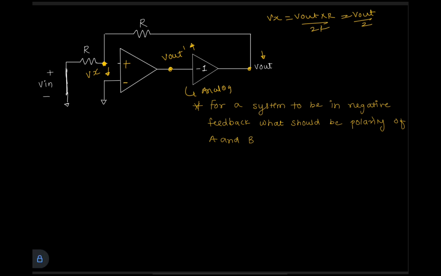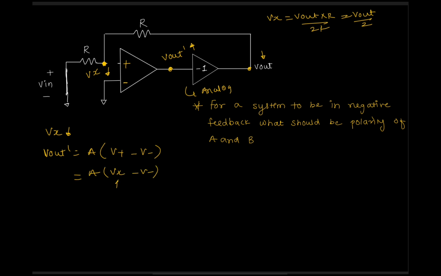Okay, so if Vx dash decreases, we have V out dash equal to A into (V plus minus V1). So we are putting it as Vx minus this.